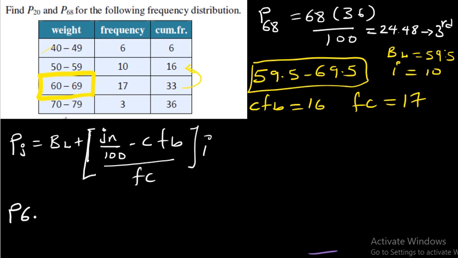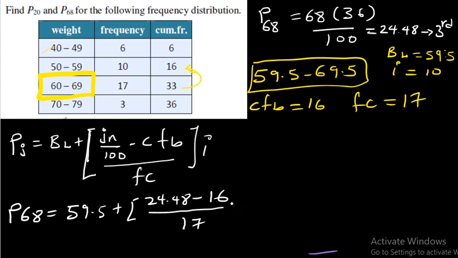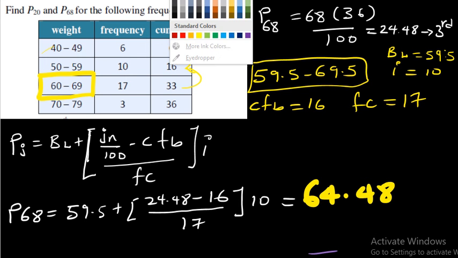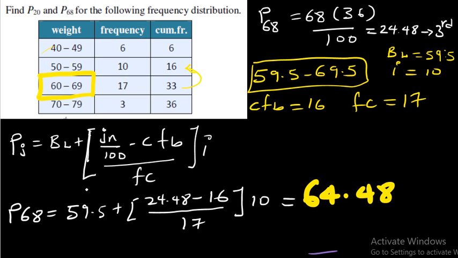P68 is BL 59.5 plus, in big bracket, 24.48 minus 16, then divide by 17, then multiply by 10. We need to take care when calculating, and the result will be 64.48. That will be the final result, but we need to take care when you calculate.